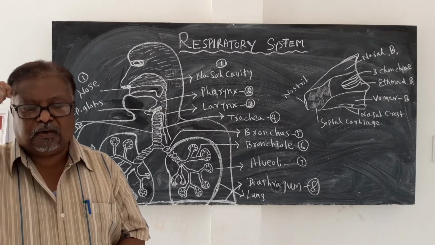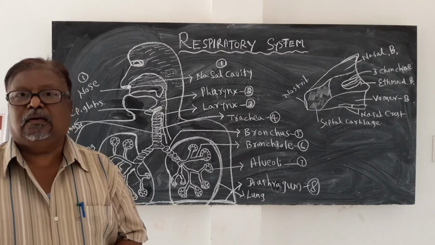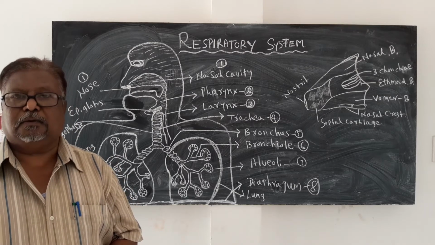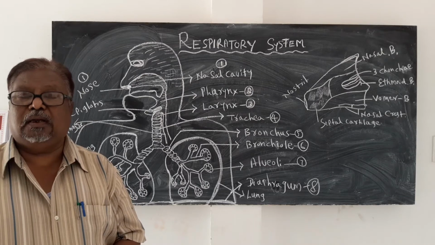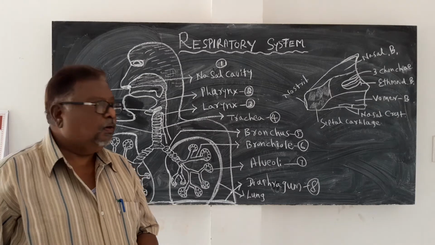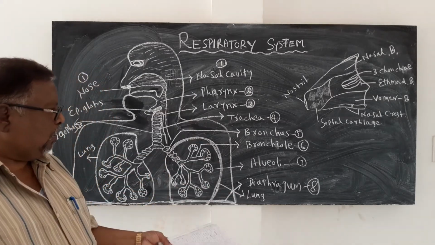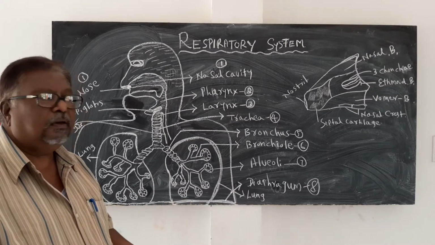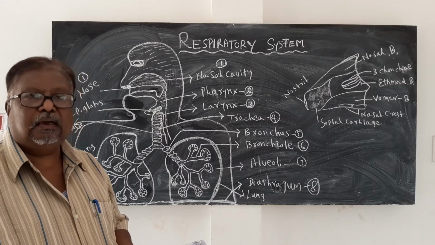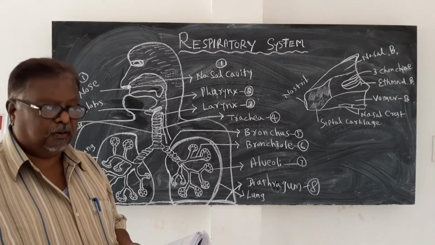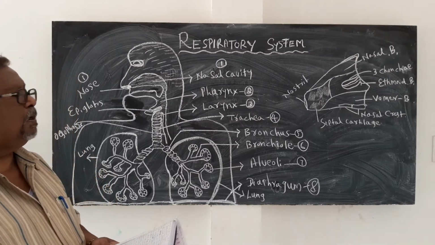So there are major respiratory organs present in the human body which are involved in the respiration. I have named them, and there are 8 different organs involved in the respiration or the respiratory system.